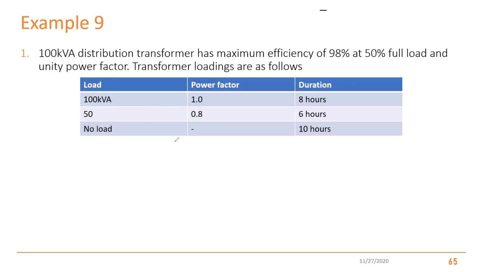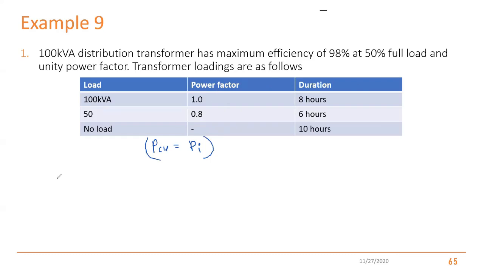If you remember the theory, at maximum efficiency, copper loss is equal to iron loss. Using that fact, I can calculate the copper loss and iron loss at maximum efficiency. Maximum efficiency occurred at half full load. Hence, I can calculate the full load condition.